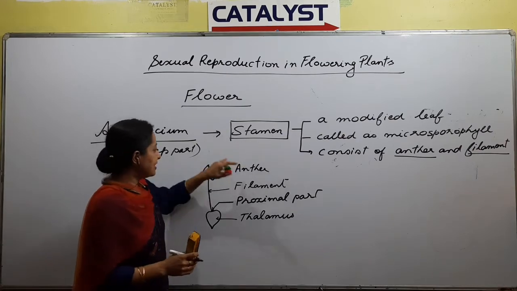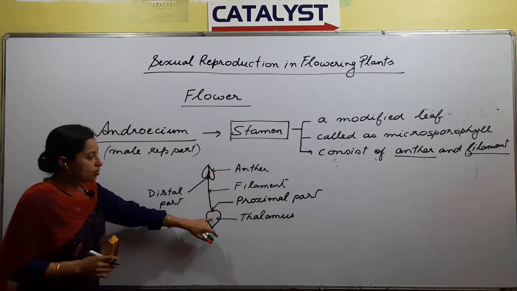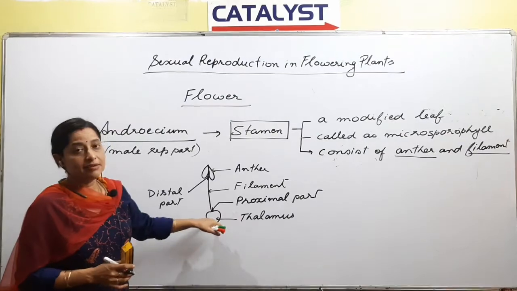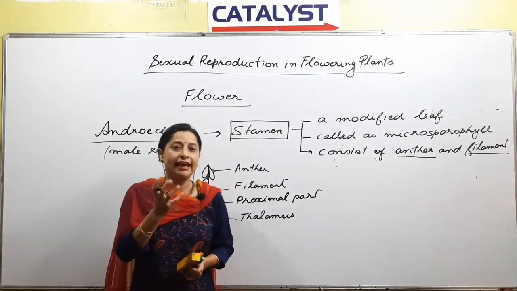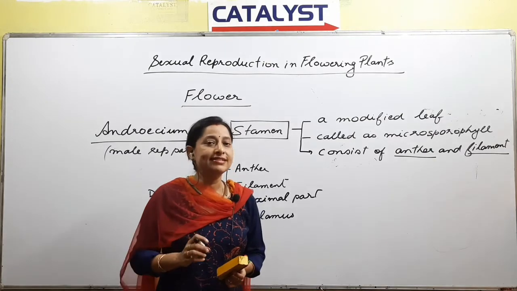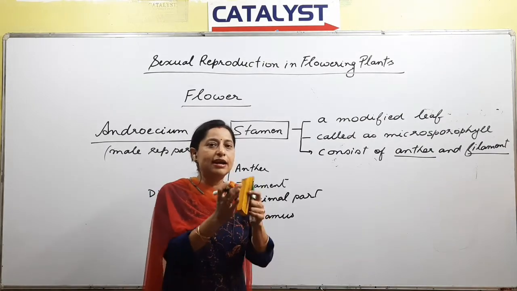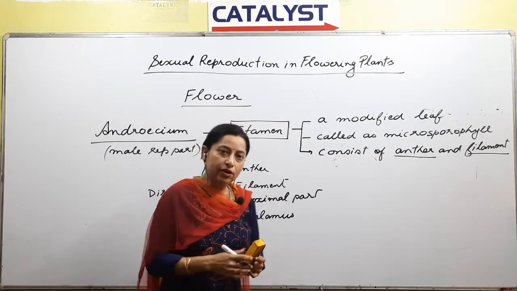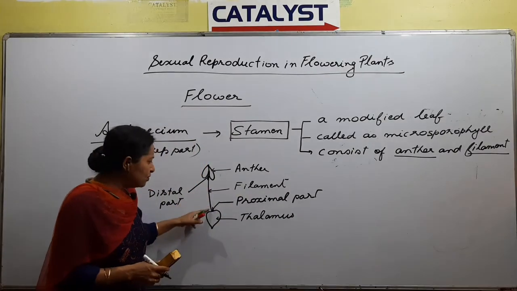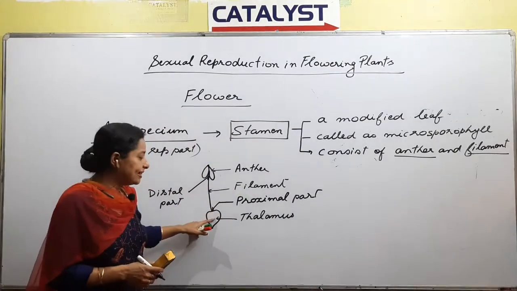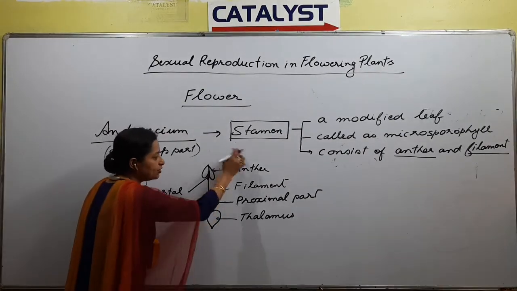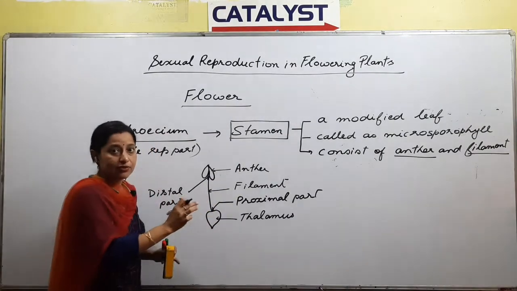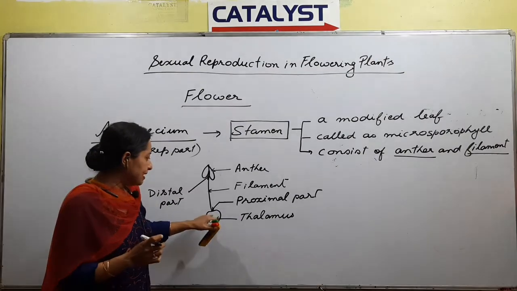So if you are talking about the stamen, it looks something like this. This is called the thalamus. Now what is the thalamus? The seat of the flower is called the thalamus. It means all the parts of the flower originate from a place, and we call it the thalamus. So the stamen originates from the thalamus, right? Around it the stamens will be there, the petals will be there, the sepals will be there.